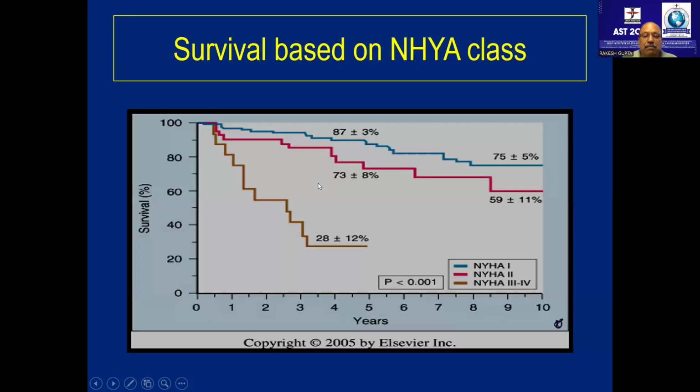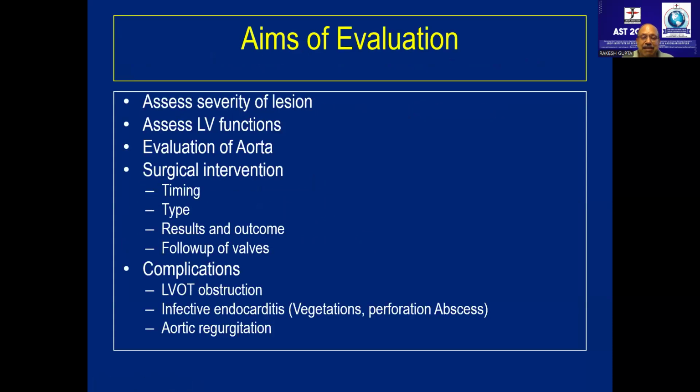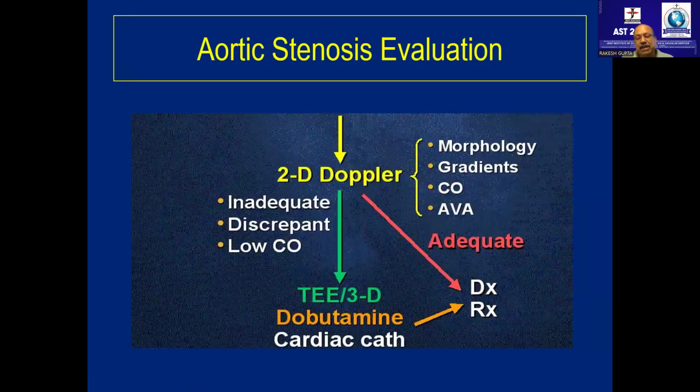And as far as symptomatology is concerned, NYHA 1 versus 3 and 4, almost 28% versus 87%. So we have to look at these people before they develop symptoms. Correct? Now, this is what aortic stenosis evaluation is.